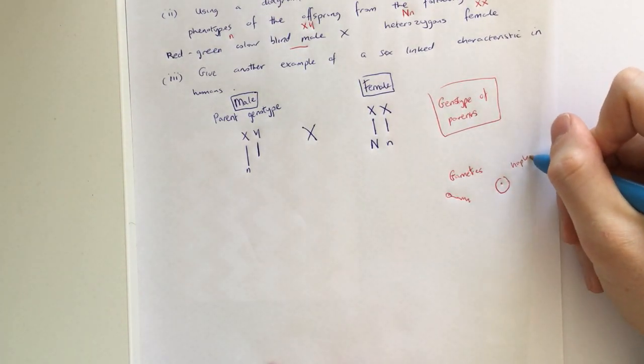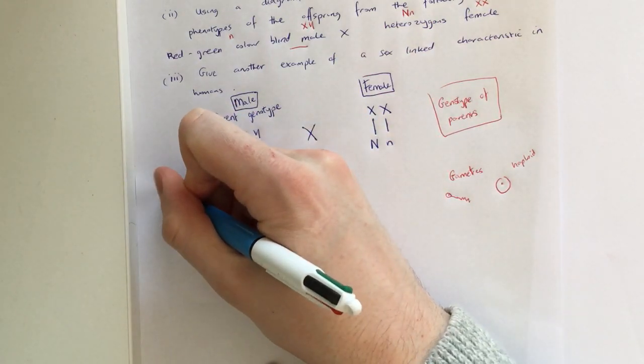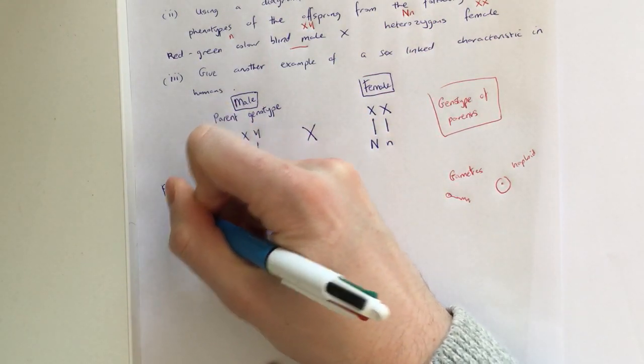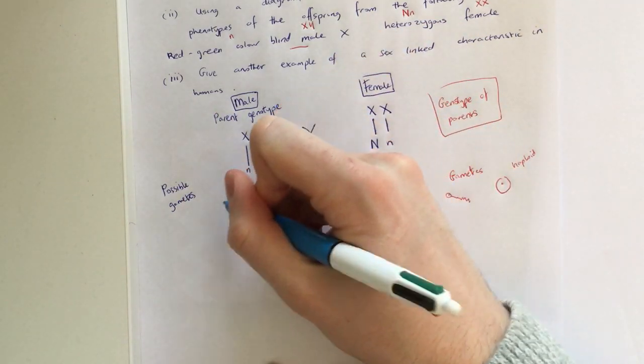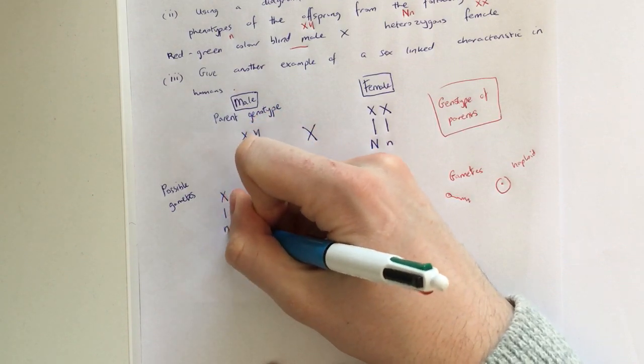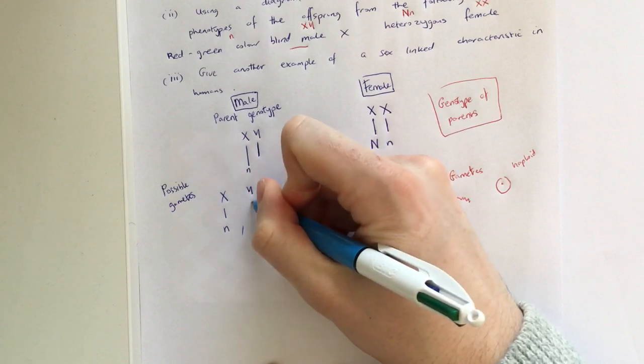They have half the chromosome number, and that means they only get one of these alleles. So when we talk about possible gametes here, for example, the male, in one of the sperm, could pass on X with small n. In another sperm, he could pass on Y with nothing, okay?